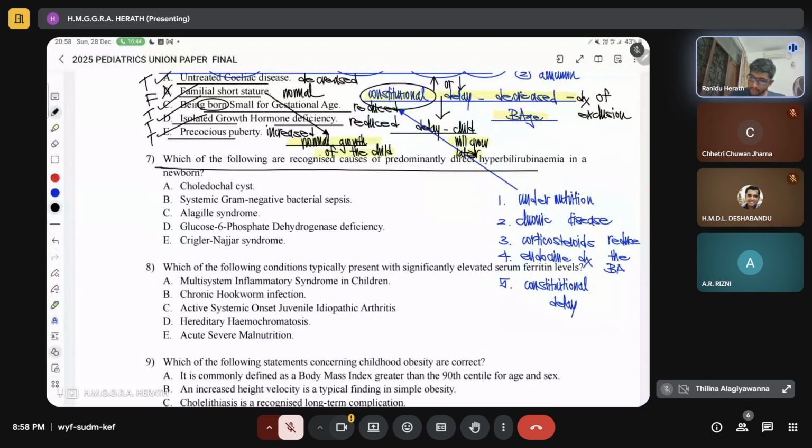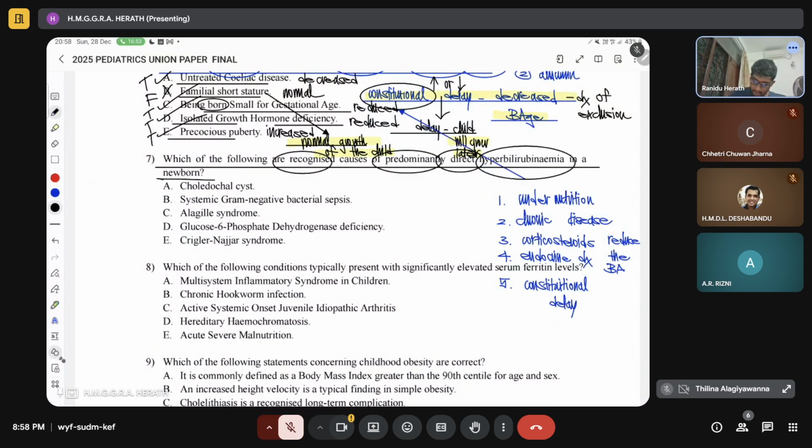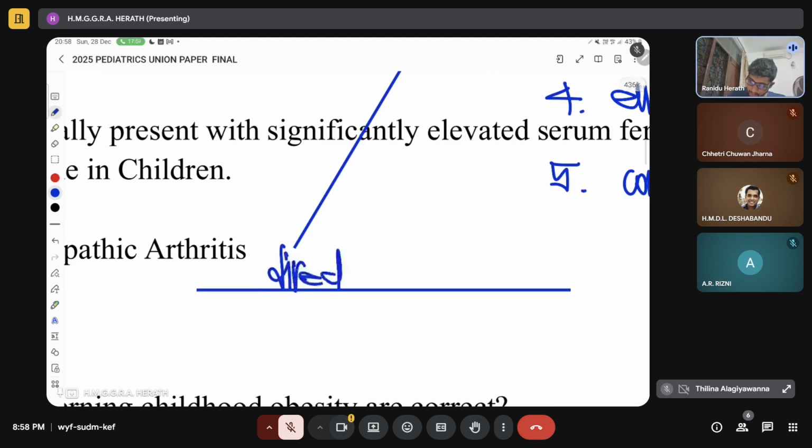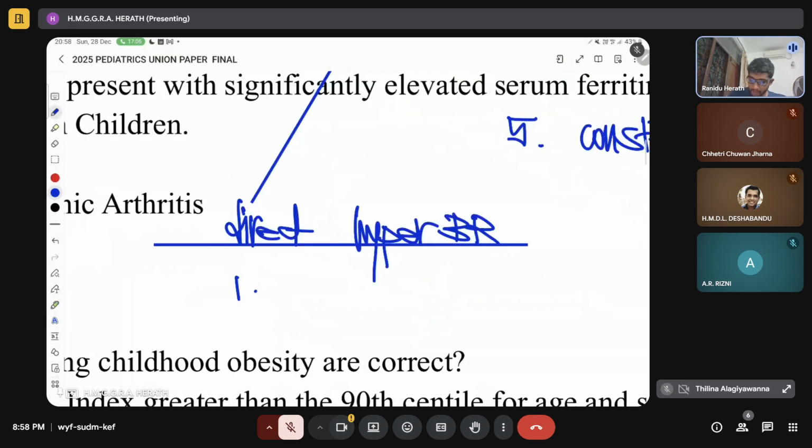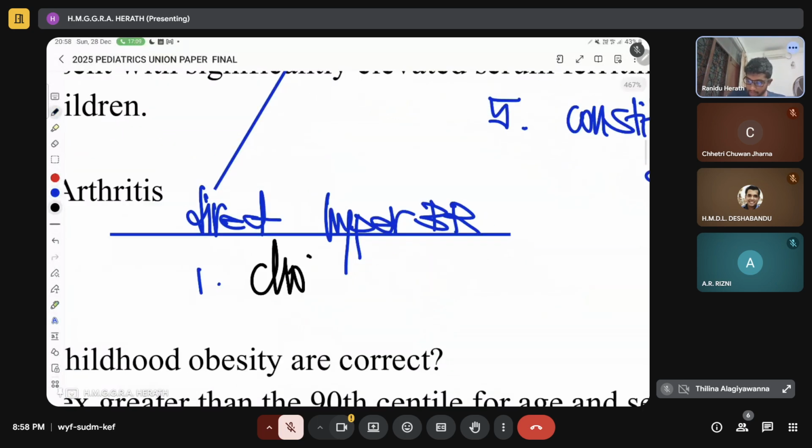Which of the following conditions are recognized causes of predominantly direct hyperbilirubinemia in the newborn? Now, I told you last time, there are a few conditions causing direct hyperbilirubinemia. The first one is choledochal cyst, right?